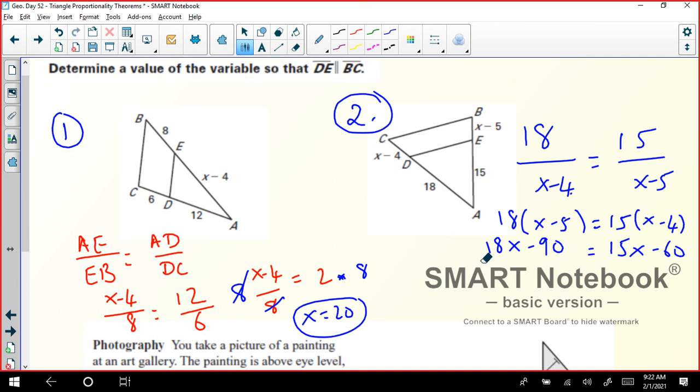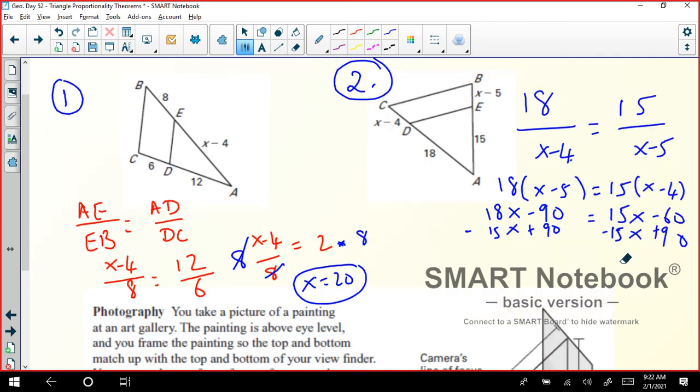Further, subtract 15x on both sides and add 90 on both sides. You'll have 3x equals 30. Dividing by 3 on both sides, I get x equals 10, which the majority of you had, and that's right.